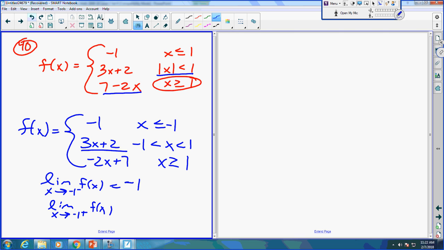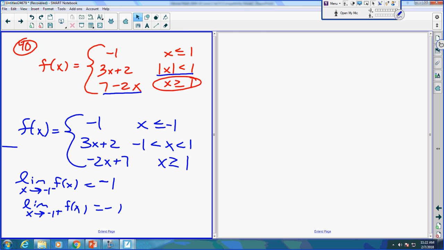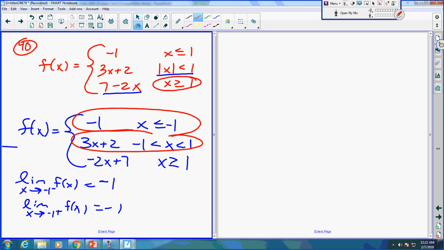So I plug -1 in, I get -3. It is also -1. So I know that right now, this function is continuous at -1, which is kind of cool, okay? So it has an open dot, then that open dot gets filled. It has an open dot for this function, and then this function fills it because of the equal sign.